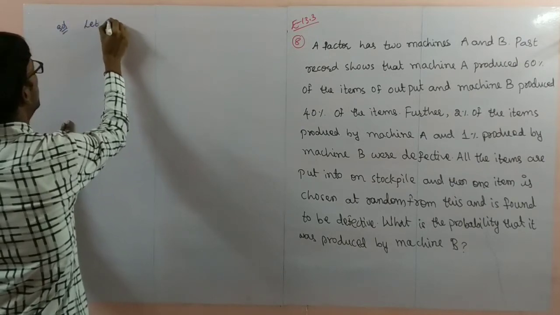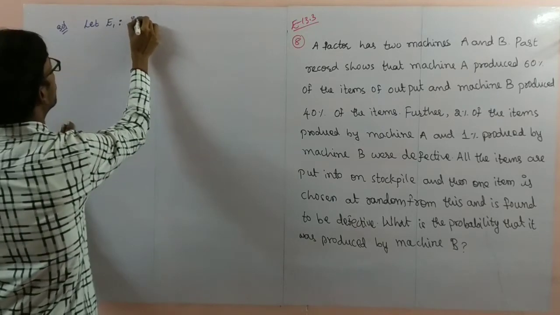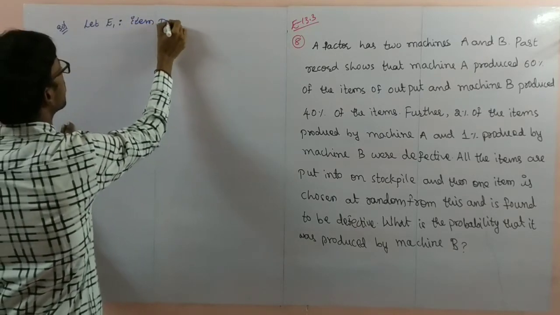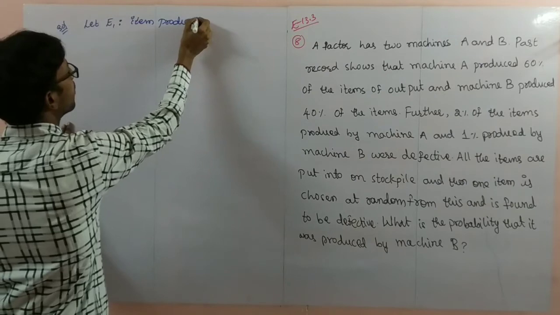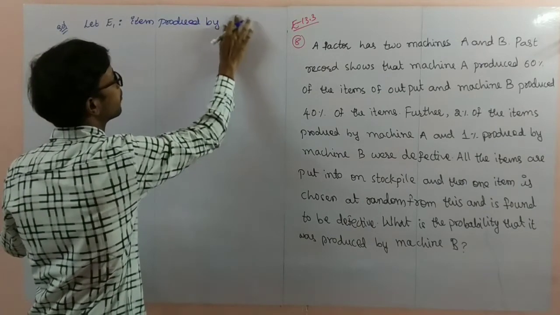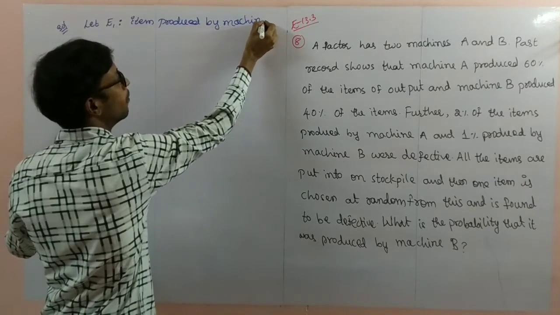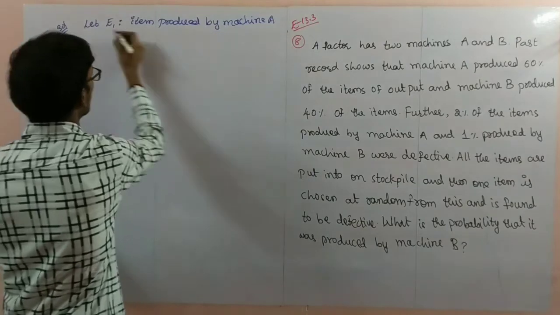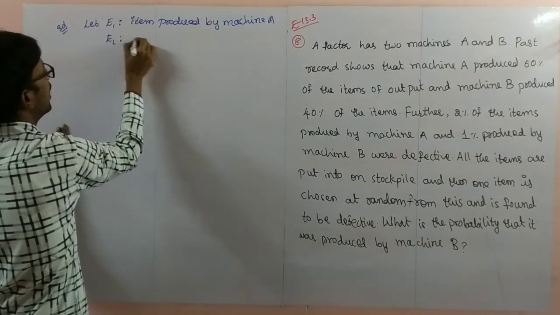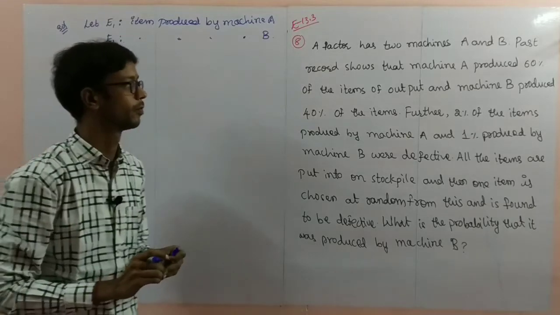Let E1 be the event: item produced by machine A. Next, E2 be the event: item produced by machine B.